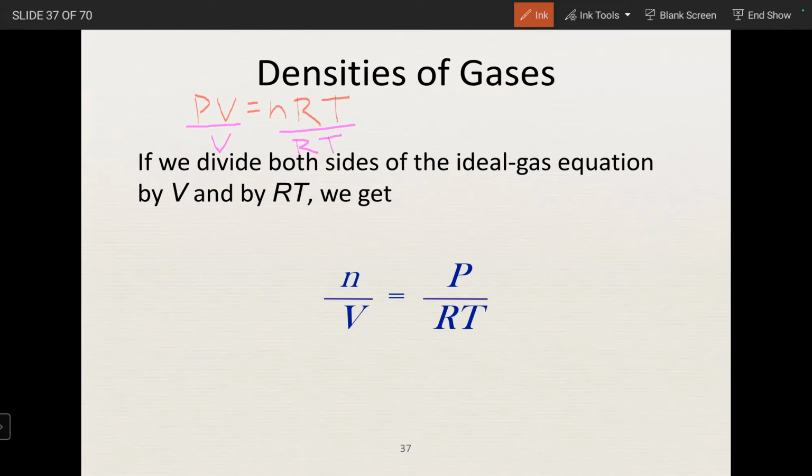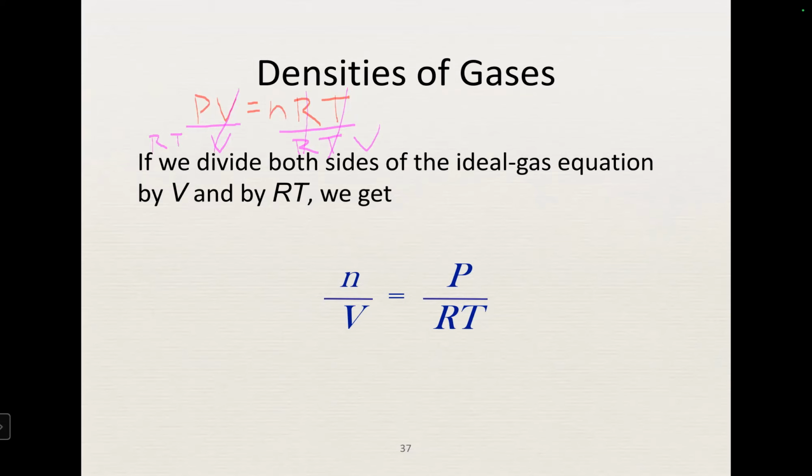So the reason we see it like we have, kind of just flipped the way I have it, is volume is going to cancel. Oops, and I forgot to do it on both sides. So we'll still have RT on this side, on the bottom V there, but R and T will cancel. So we'll wind up with pressure over gas constant times temperature, moles over volume.